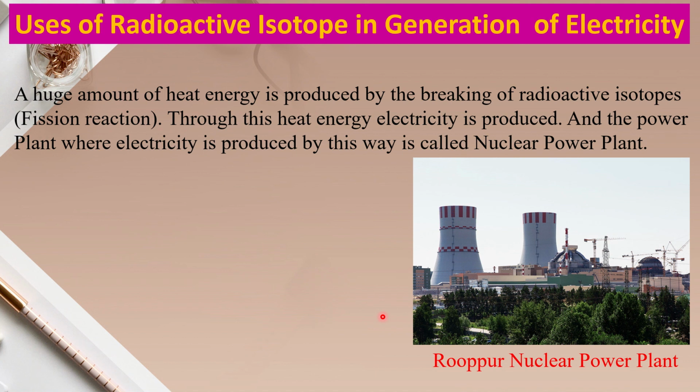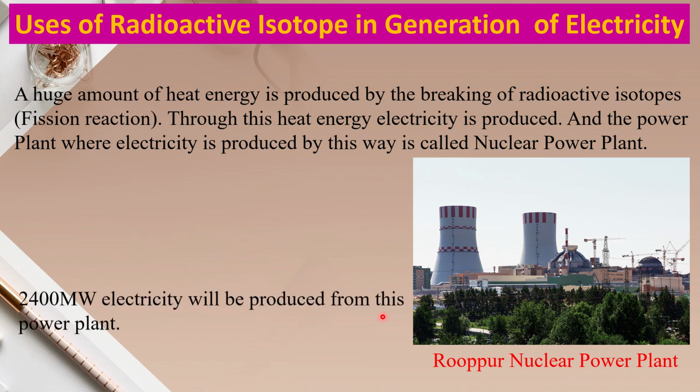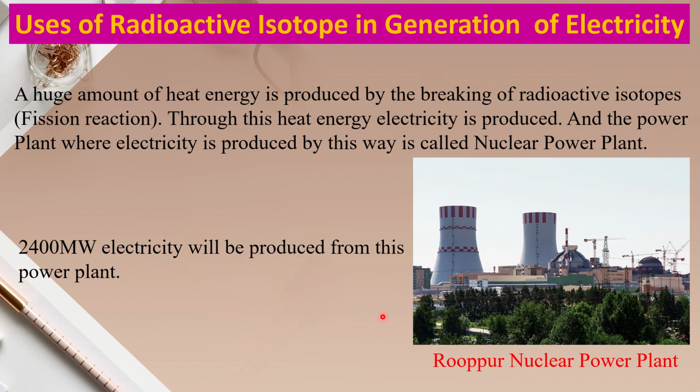Here, by this fission reaction, using this radioactive isotope, a huge amount of electricity is produced. 2400 megawatt electricity will be produced from this power plant, or it has already started to produce this amount of electricity.